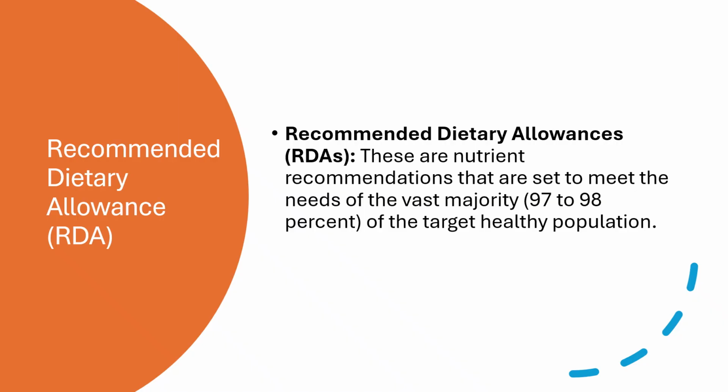Recommended dietary allowances, RDAs. These are nutrient recommendations that are set to meet the needs of the vast majority, 97 to 98%, of the target's healthy population. The RDA serves as a better guideline for the population, as it can be inferred that those consuming the RDA of a specific nutrient are likely fulfilling their dietary requirements for that nutrient.